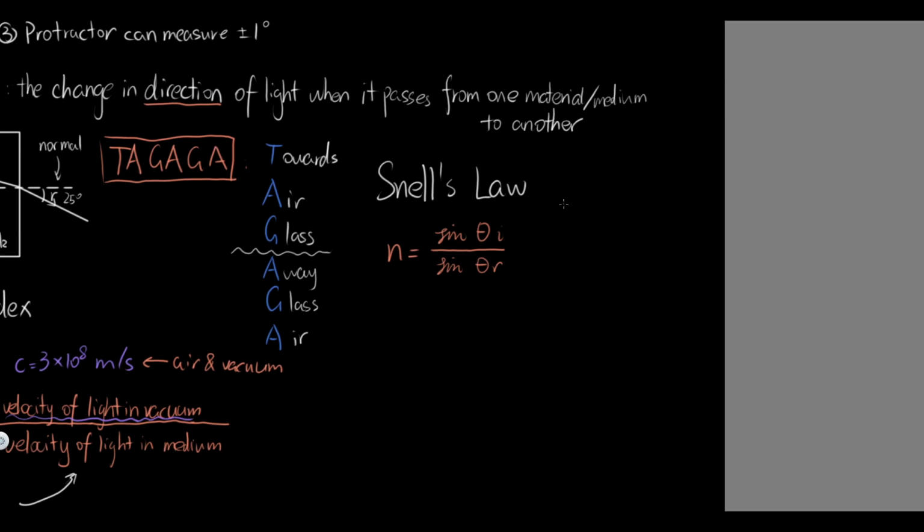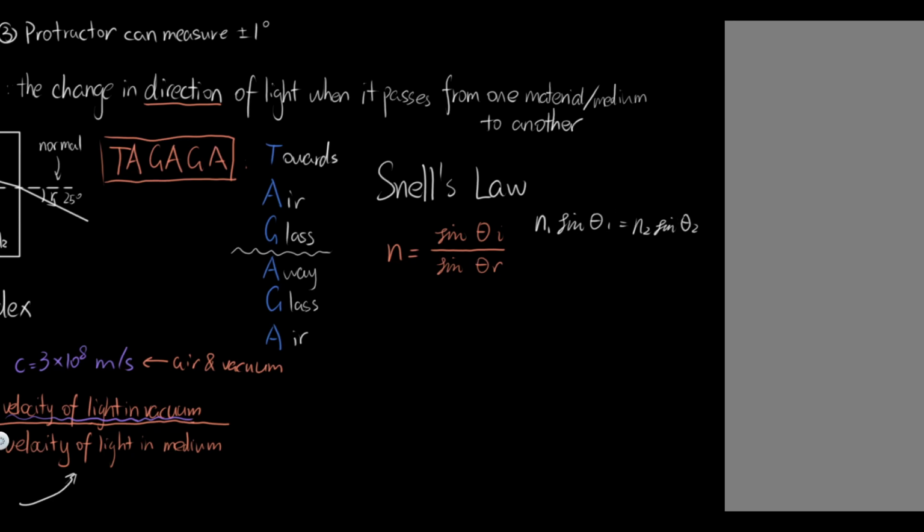The full form of Snell's law is like this: n1 sine theta 1 equals n2 sine theta 2. It describes the relationship between the refractive indexes of two materials, and the angle of incidence and the angle of refraction between them.